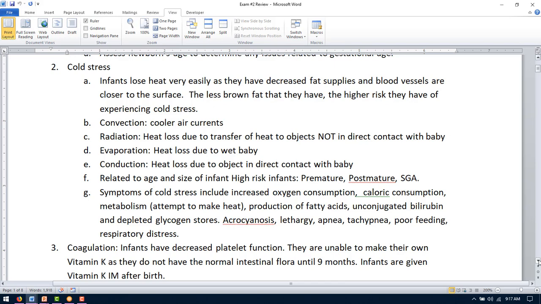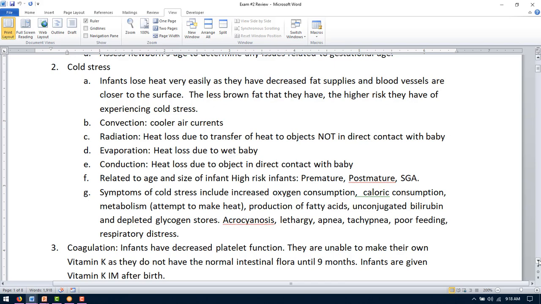Know your different types of heat loss. Convection is cooler air currents, basically an air conditioner. If you think of an air conditioner blowing on a baby, the air is going to take away the heat. Radiation is heat loss because the heat is transferring to objects that are not in direct contact with the baby, maybe a cup of ice sitting on the table.